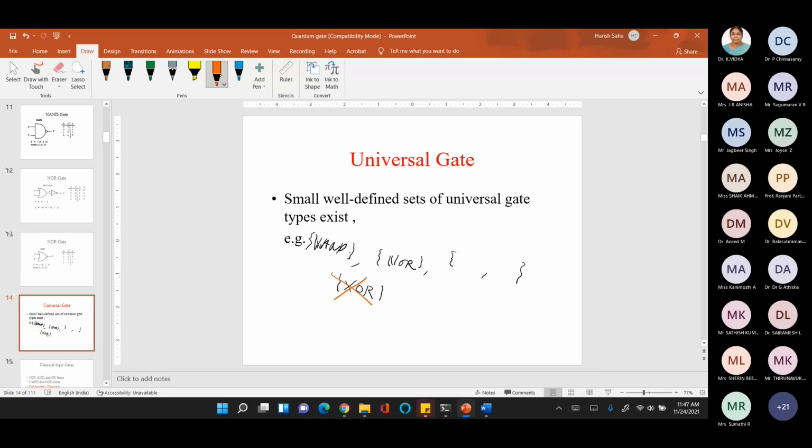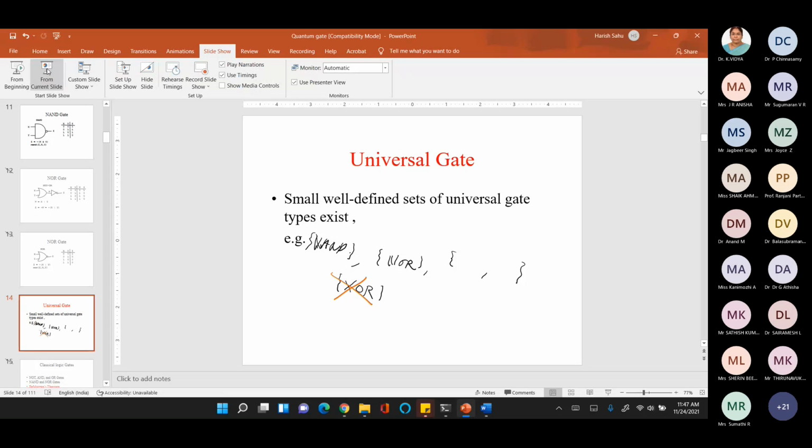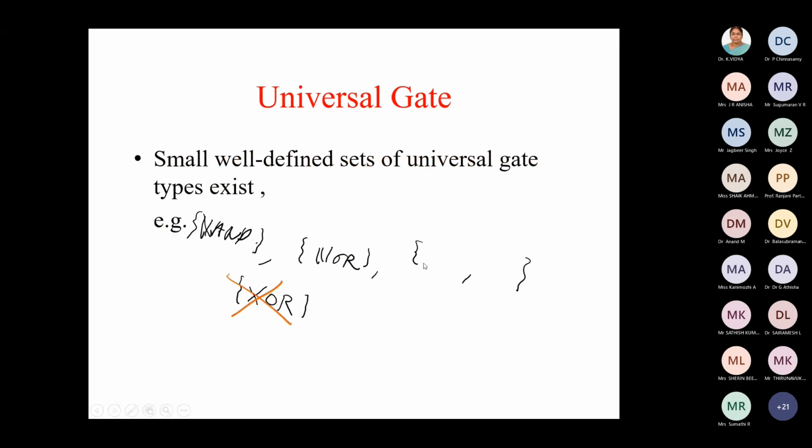Any other combination of gates? Can I write it like this? AND and OR, if I have these two gates, can it also be a universal gate set? No, sir. We need a NOT gate as well, right? Okay, so if I write AND, OR and then NOT gate, can it be a universal gate set?